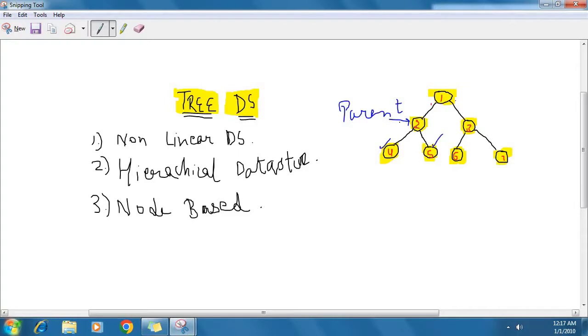So for this parent node, 4 is its child as well as 5 is its child. Similarly, if I consider this other node as a parent node, what will be the children of this? This will be a child of this node, and this will also be a child of this node. So basically this is representing a parent-child relationship. This is the concept of the parent-child relationship in a tree. I hope you understand this one. So let's move to the next part.